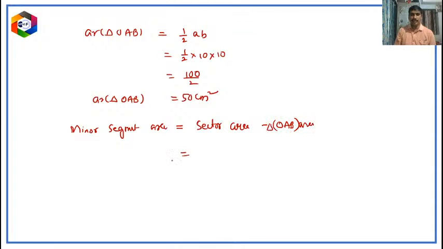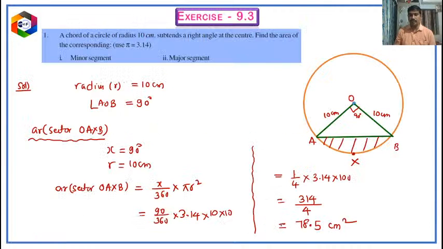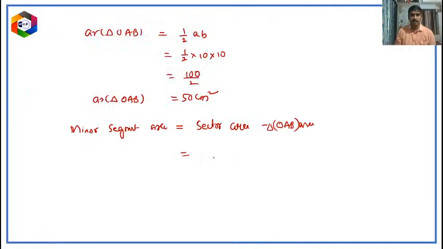What is the sector area, which we have already calculated? This is 78.5. So 78.5 minus the triangle area, which is 50. If you subtract 50 from 78.5, which will be equal to 28.5 square centimeters. This is the minor segment area.